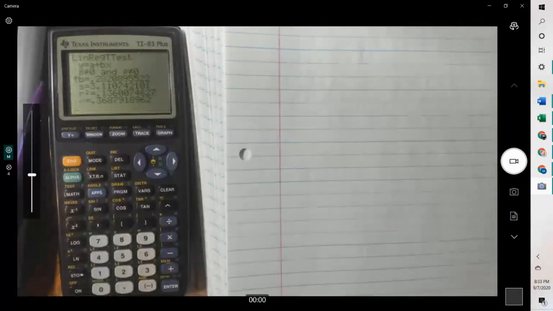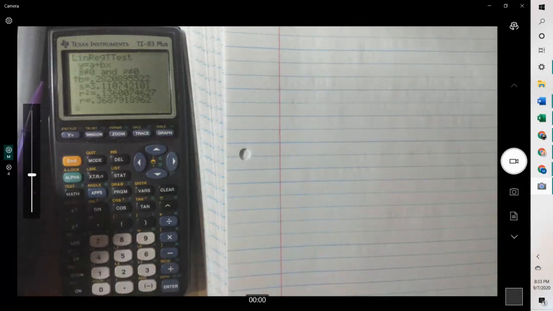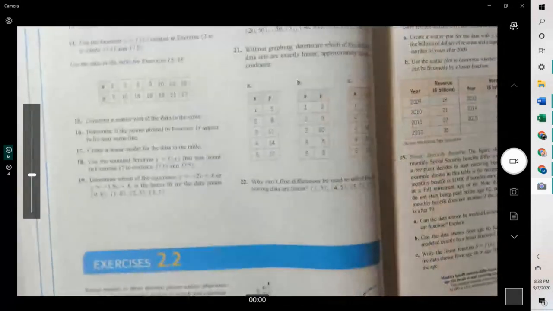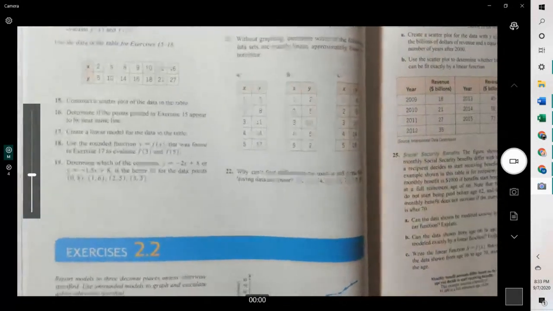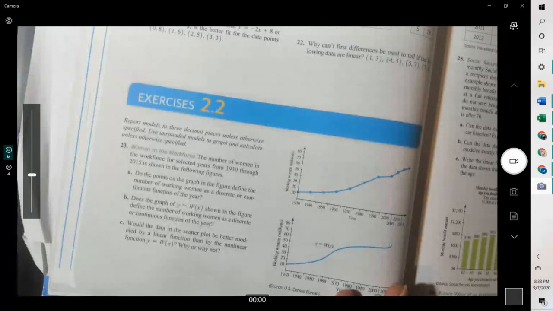Okay, number 23. It's on page 118. It says, women in the workplace.